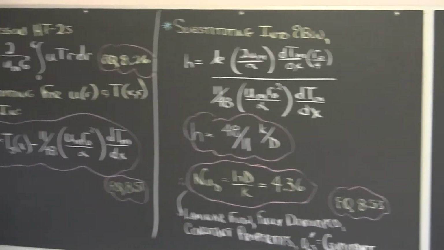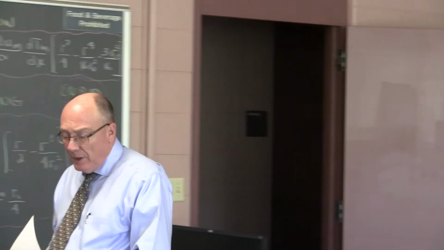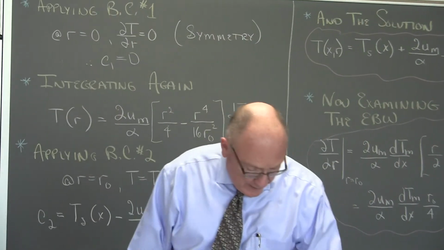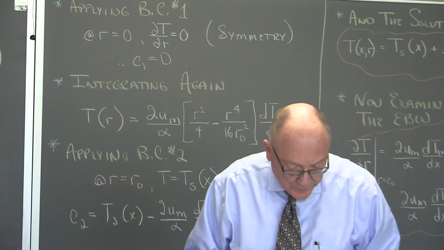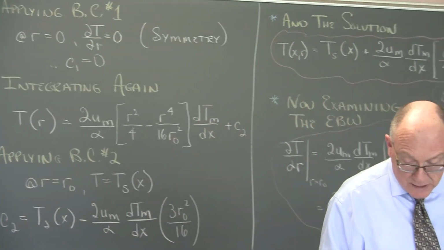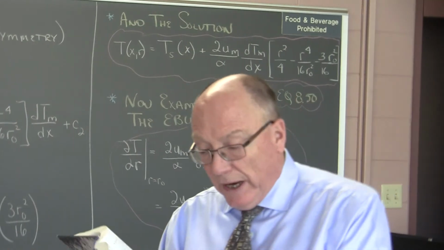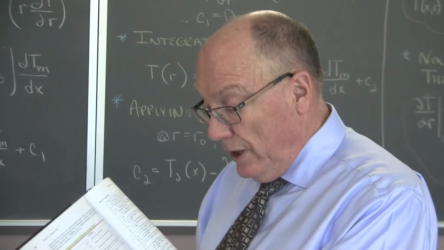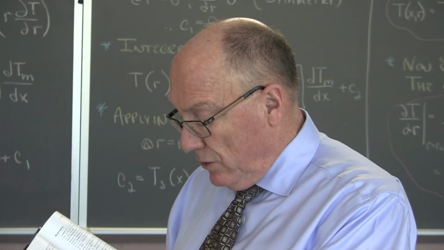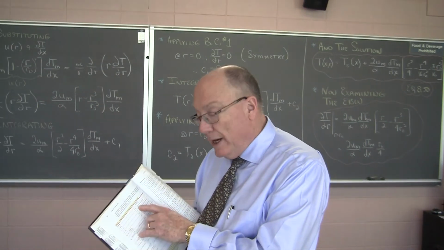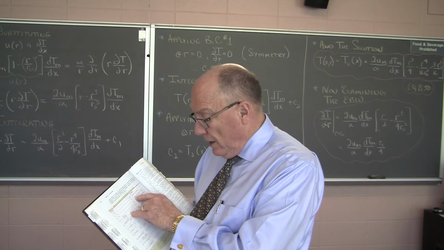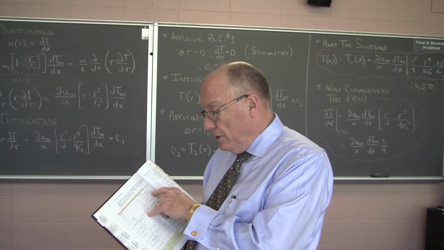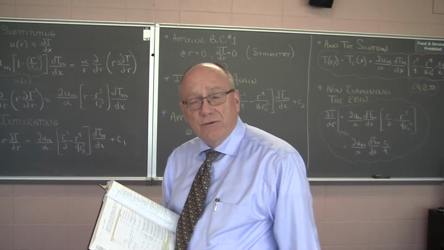Now, open your books to table 8.4, and you will see that the second entry in this table under the correlation is the Nusselt number. The equation is 8.53, and the conditions for that are laminar, fully developed, uniform or constant surface heat flux.